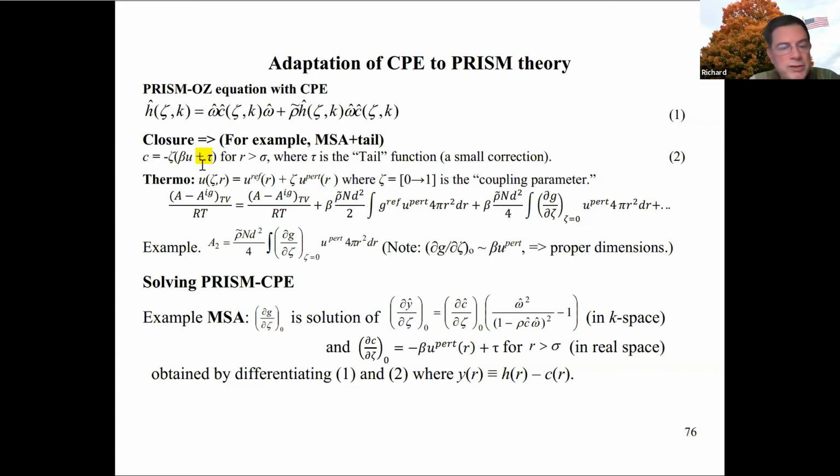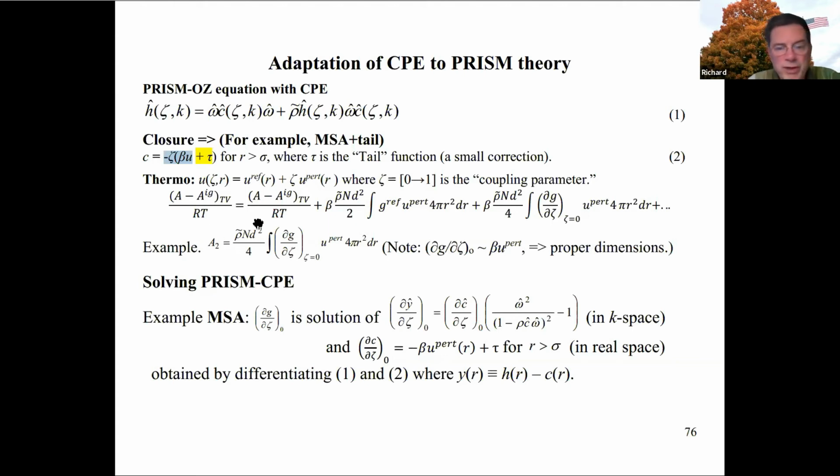The problem we ran into was that if that's all there was, that would be the mean spherical approximation. When we tried that, we didn't get good results. And so we found that we had to add this tail correction that we talked about last week to improve the consistency of the output results for the energy equation and the compressibility equation.